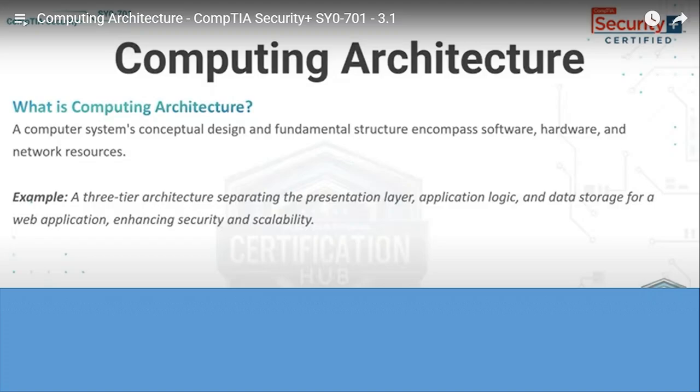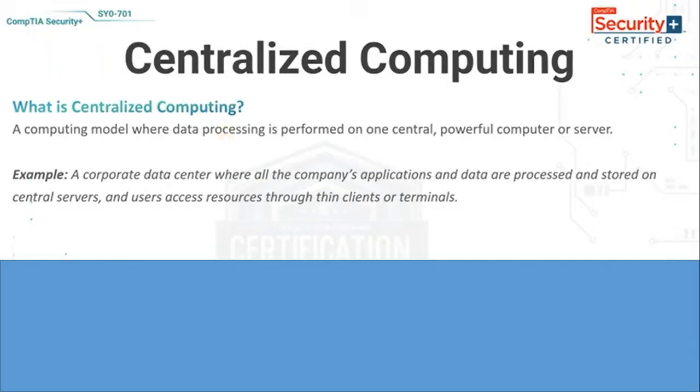Now we are moving to the next so that we can understand about it. We are discussing centralized computing. What do we mean by centralized computing? In the earlier days, all computing happened in a centralized mainframe with users connecting through dumb terminals, and this meant one powerful computer doing all the heavy lifting.